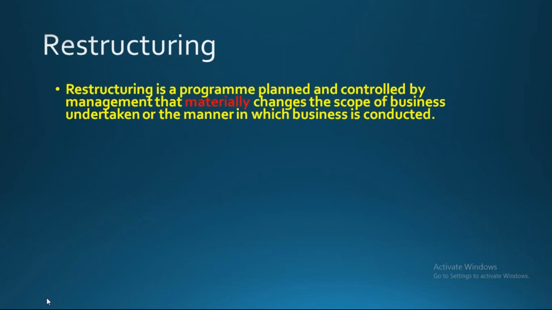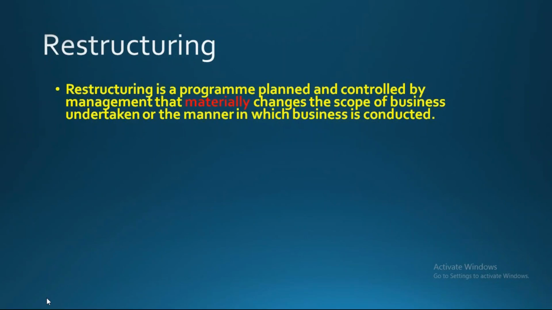Restructuring. What is restructuring? There are two ways generally that companies can improve. One is what we call continuous improvement, the Kaizen model, where you go on doing continuous improvement. Sometimes the company might decide to completely restructure. We are going to shut down these divisions. We are going to dismantle these areas, and it might change the scope of the business, the way it is done, totally different.